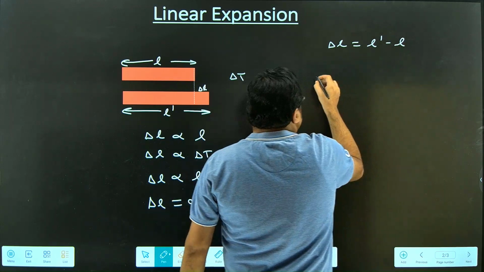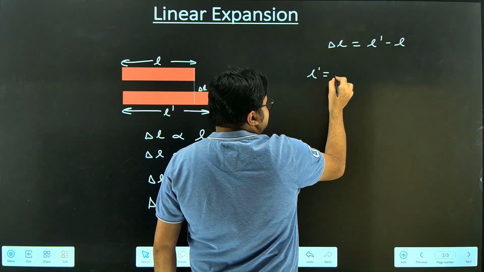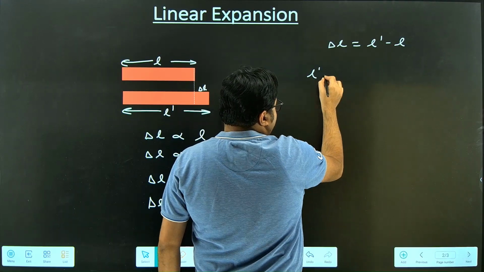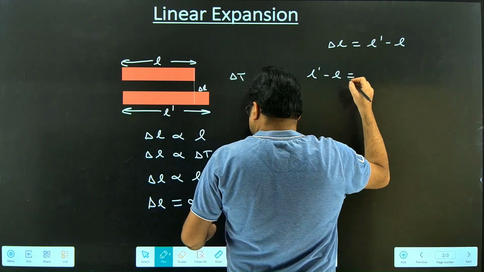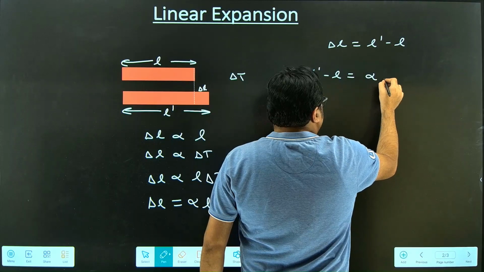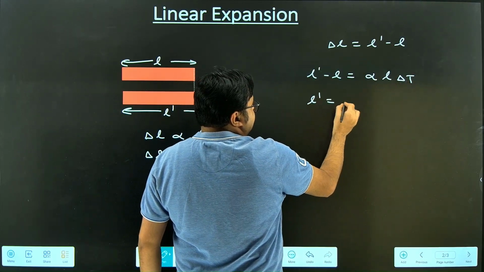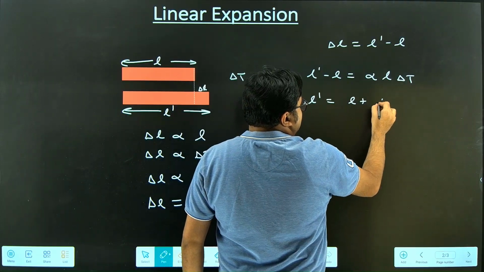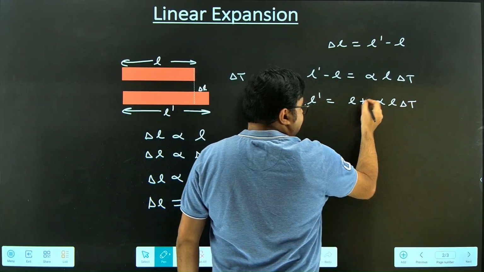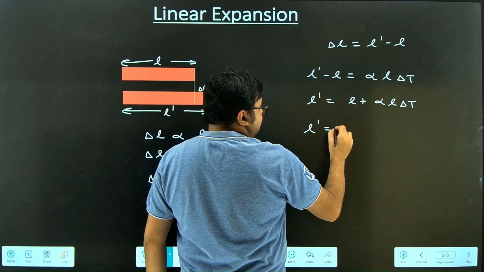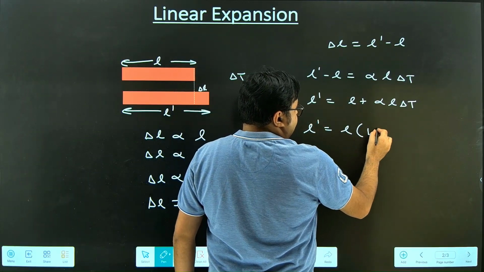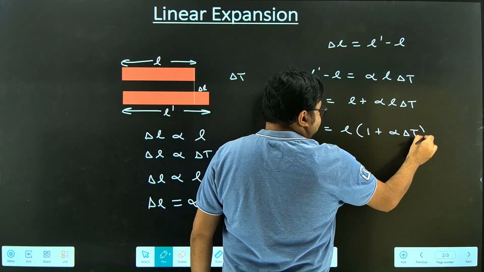The new length L dash minus the old length, the initial length, is equal to alpha into L into delta T. Send that there. You have L dash equal to L plus alpha L into delta T. L can be pulled out as a common factor. You will have L into (1 plus alpha delta T).